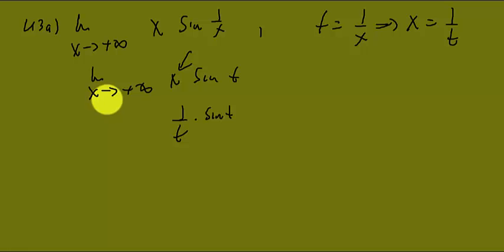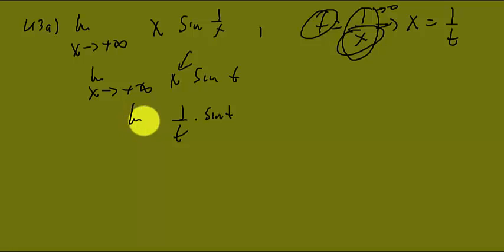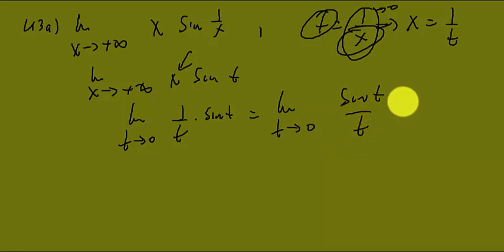And of course, when x goes to infinity, that means when this gets really big, then the whole thing 1 over x is going to go to 0, and that means t is going to 0. So I can write this as a limit as t goes to 0 of sine of t over t, and that's equal to 1. Alright, let's go with b.